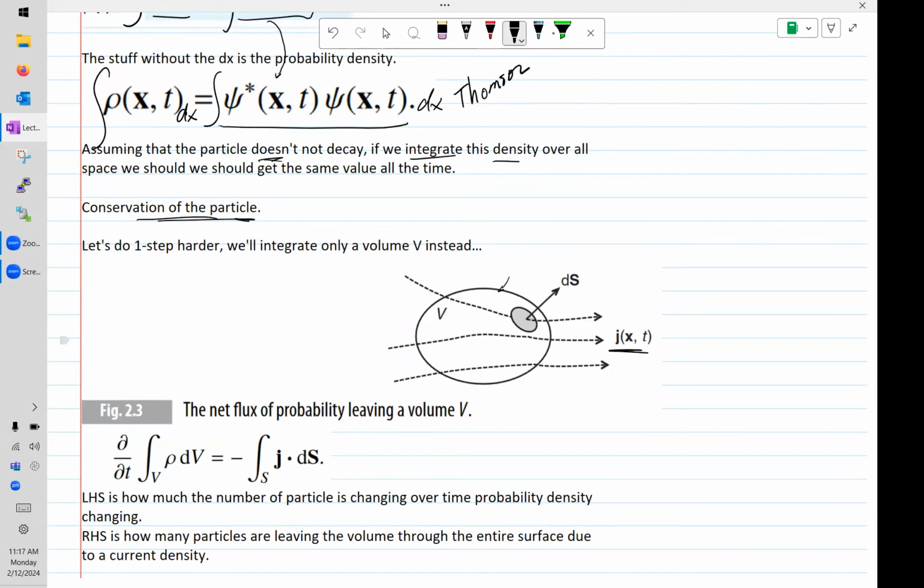Let's think about that J as kind of like a current of water in a river. It's analogous to electric current and also water current in real life.